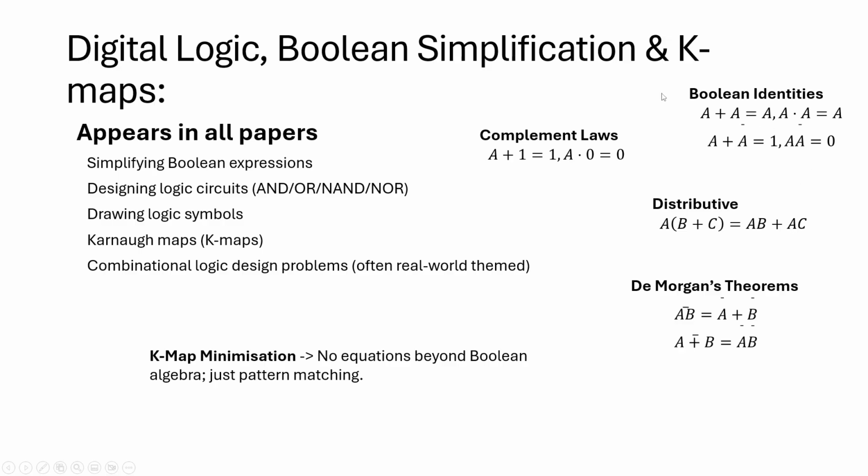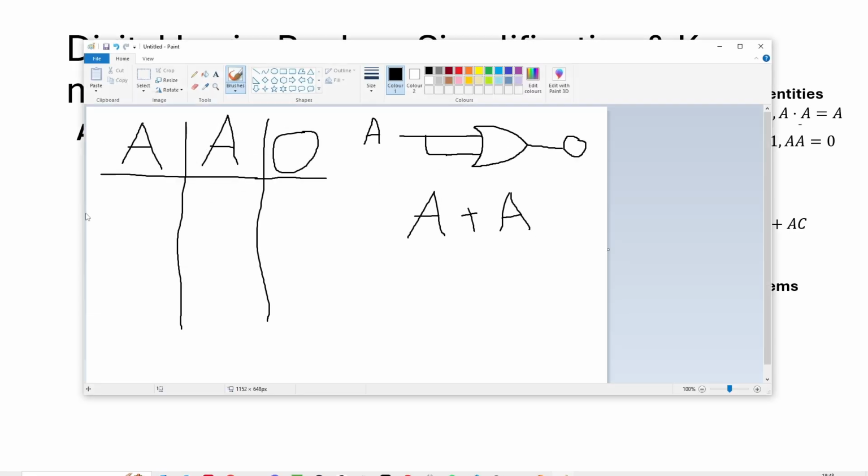And you can verify these if you want, like for instance this right here. It's pretty simple. A can either be 0 or 1, because you can't have different values for the same thing. Then A has gone into this OR operator twice.